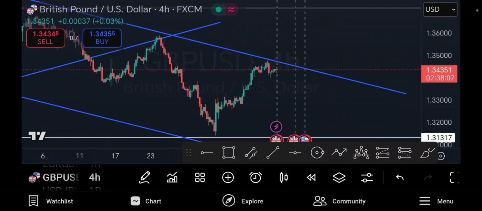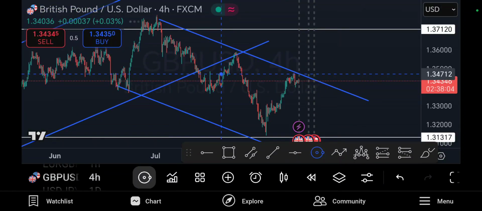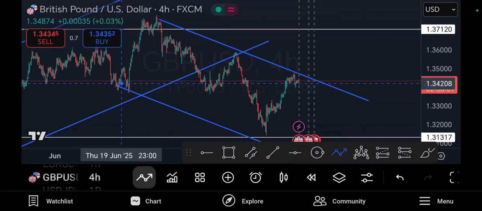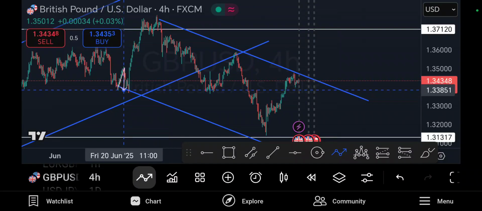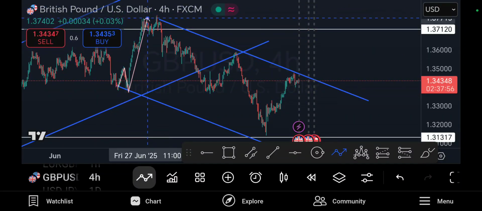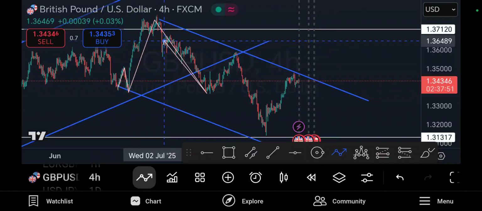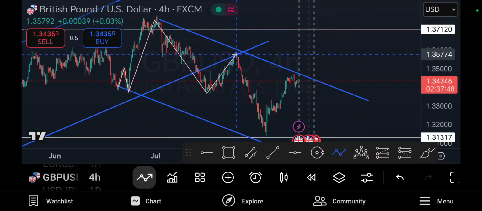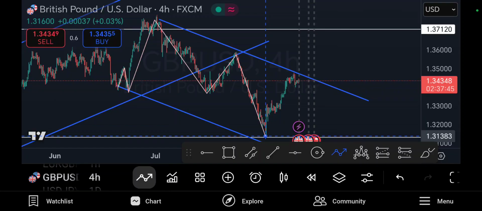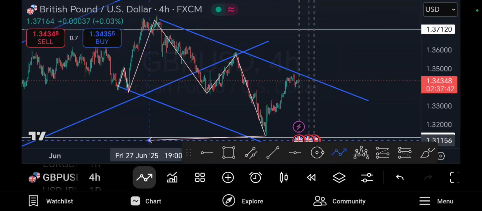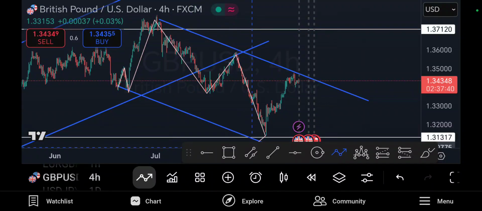With that being said, as you can see, it came from this point, gave us this touch here, came again, breaking out this one, came here, came there, giving us double confluence because it's retesting this zone here and this diagonal support, and then pushed here.